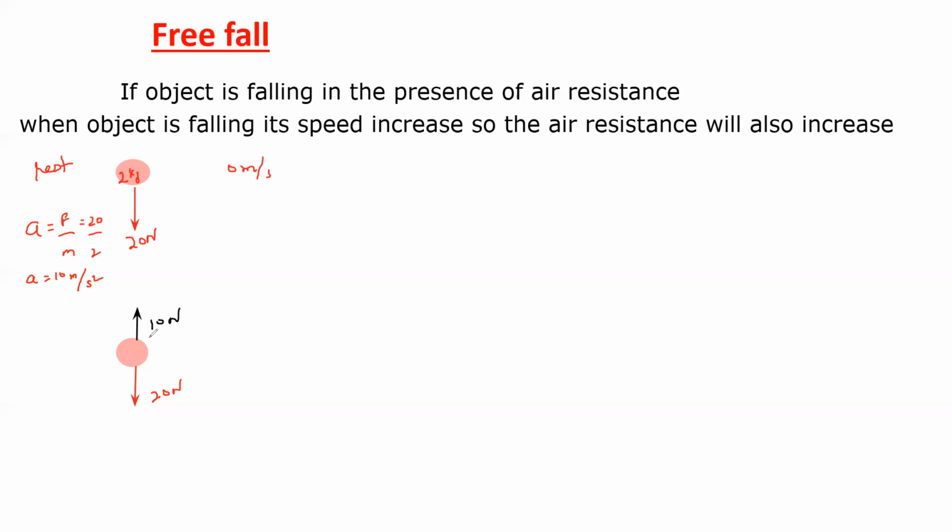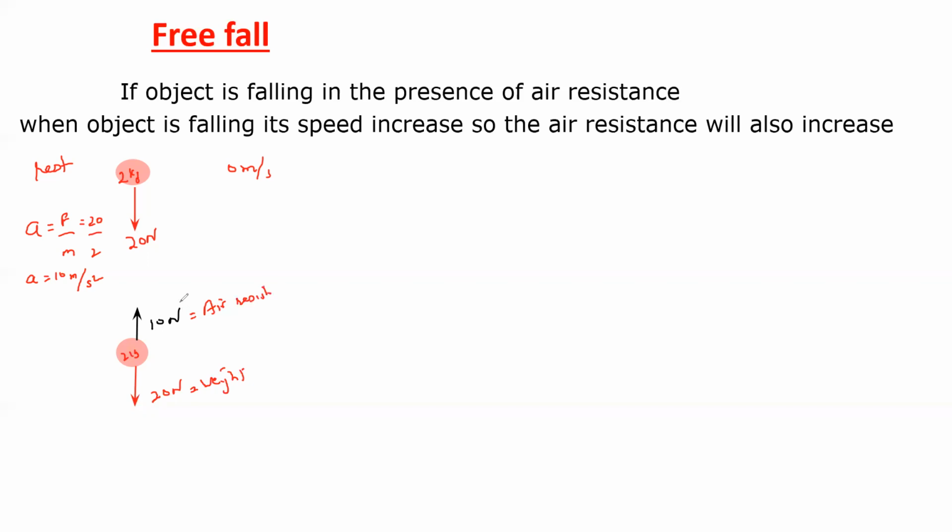So what is the force acting on this object now, when the air resistance is 10? Weight is 20 and air resistance is upward 10. What about the force acting on the object?